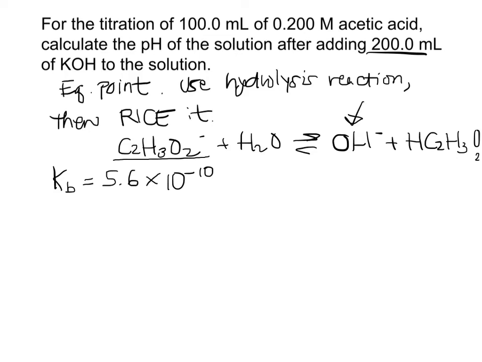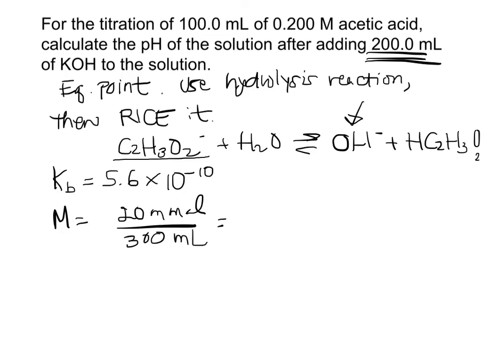Remember, we have 20 millimoles of acid, so the overall concentration is going to be 20 millimoles over 300 milliliters because we have to add. So my molarity is 20 millimoles over 300 milliliters, which gives me 0.067 for my molarity for this.